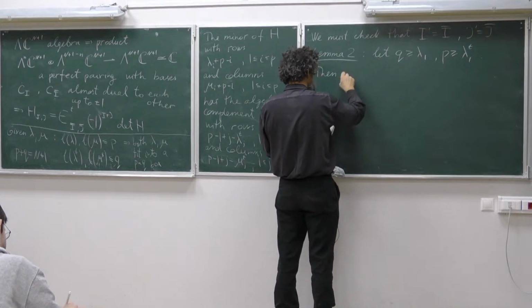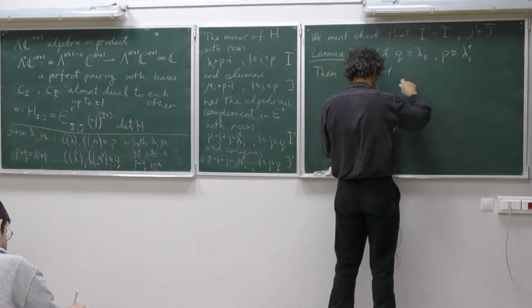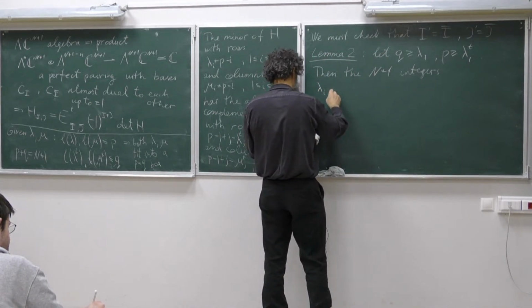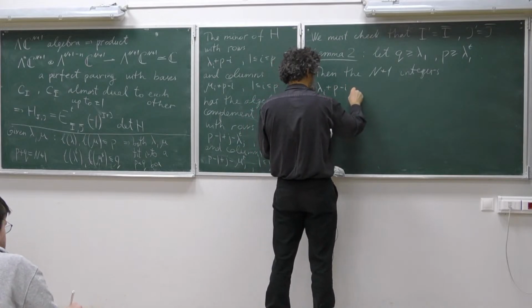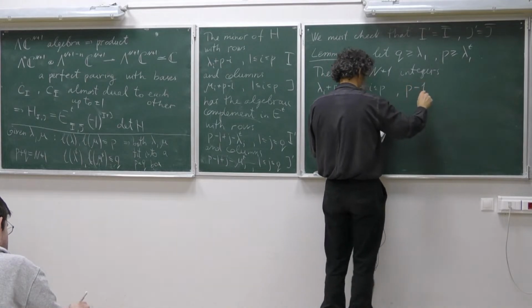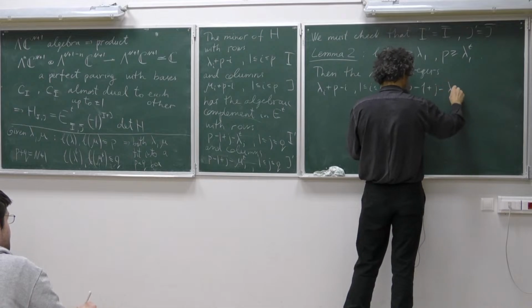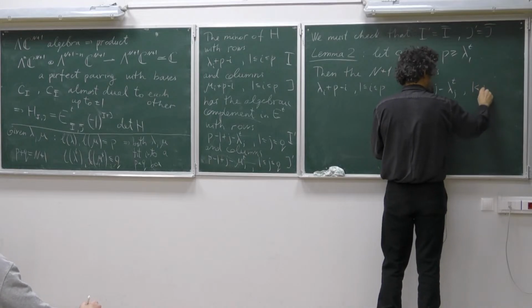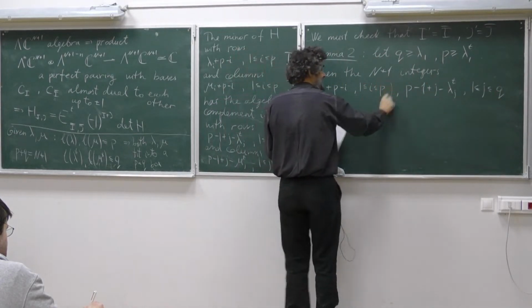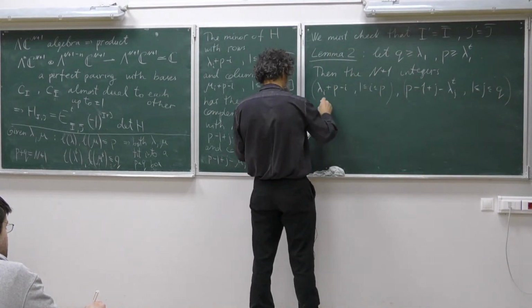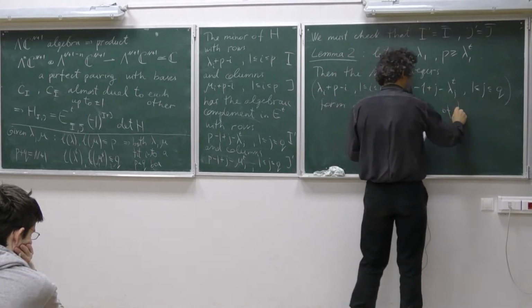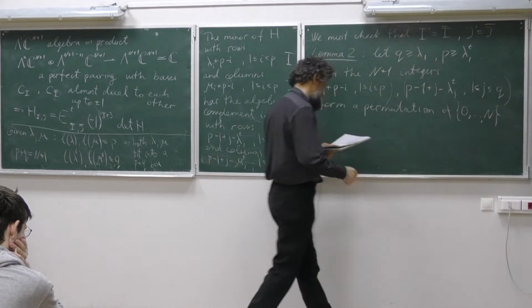Then the n plus 1 integers lambda i plus p minus i, 1 less than or equal to i less than or equal to p, and p minus 1 plus j minus lambda j transposed, j goes from 1 to q, form a permutation over the set from 0 to n.